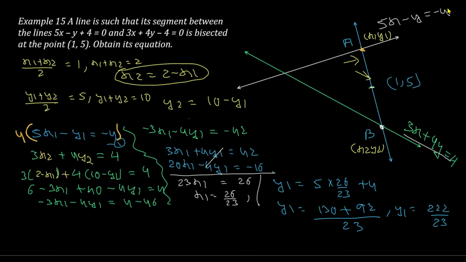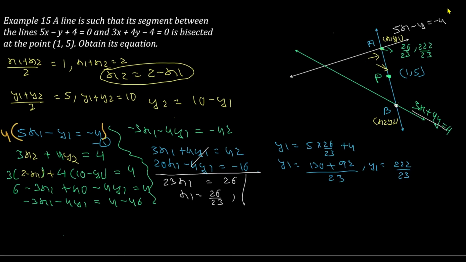Now check, we got the value of x1, y1. So you can see from this diagram over here that we know the coordinates of two such points through which this blue line is passing, that is AB. And using this two-point form, we can obtain the equation of this line. So I'll take y minus y1.